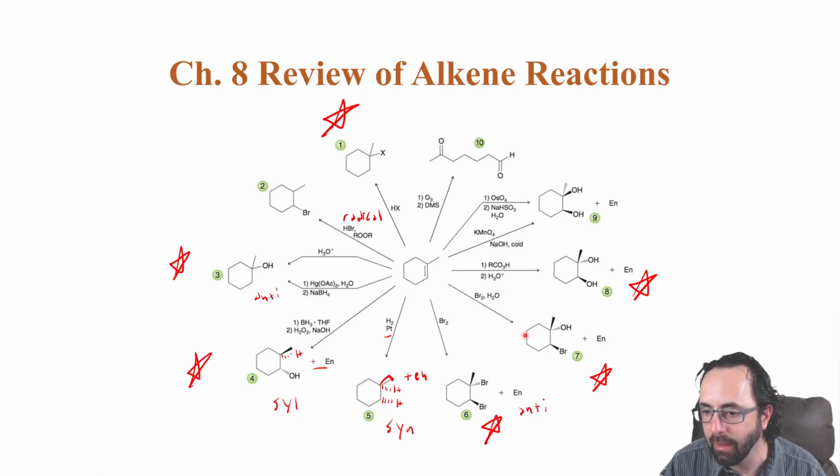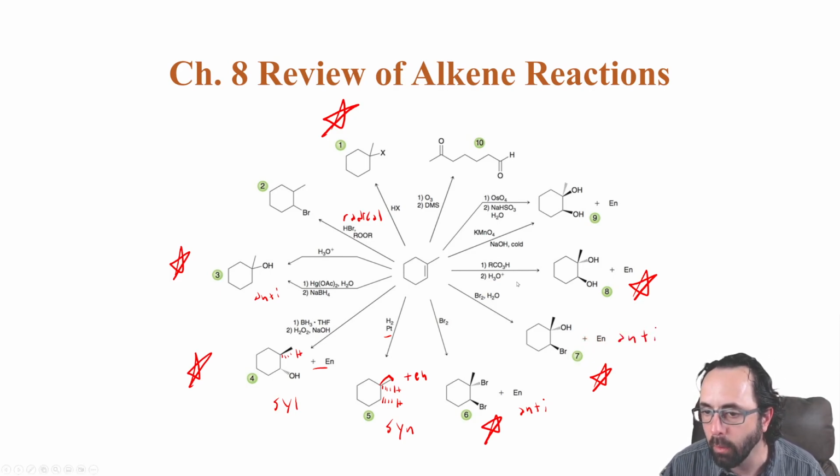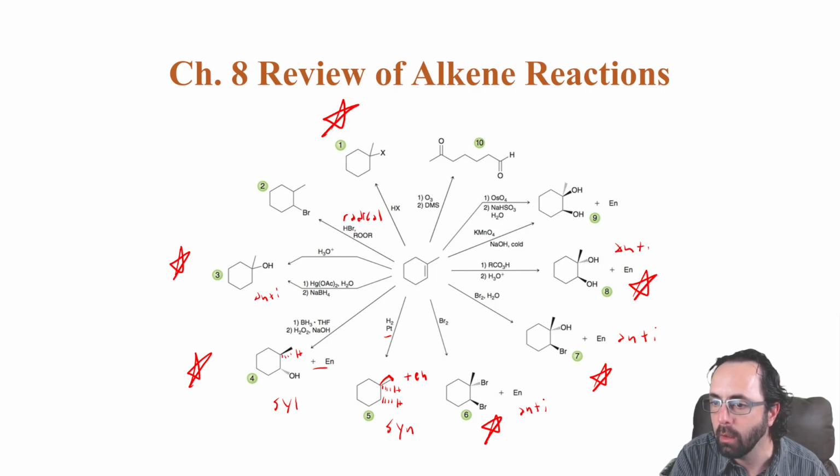If we have a halohydrin formation, this will add the OH group to the more substituted carbon, the halide to the less substituted carbon. We'll get both enantiomers, and this will also occur in an anti fashion. If we want anti-dihydroxylation, this will have a peroxy acid followed up by just any old acid. So this is anti addition of two hydroxyl groups.